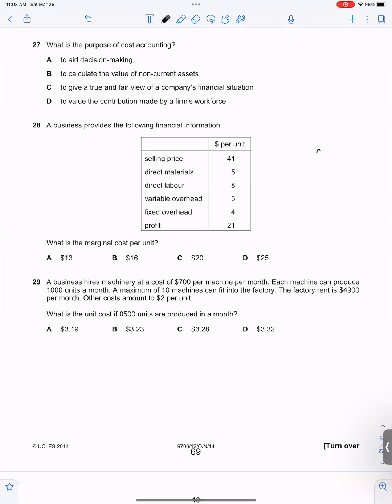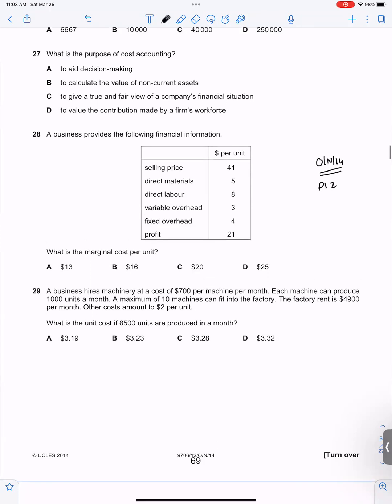So we are doing October, November 2014, paper 12. Can you give me the answer for 27th? What is the purpose of cost accounting? To aid decision making. Okay. Now I want to find the marginal cost per unit. Question 28.